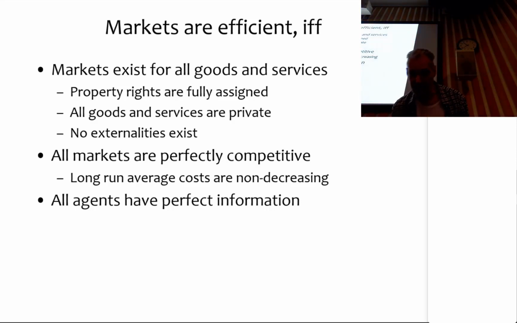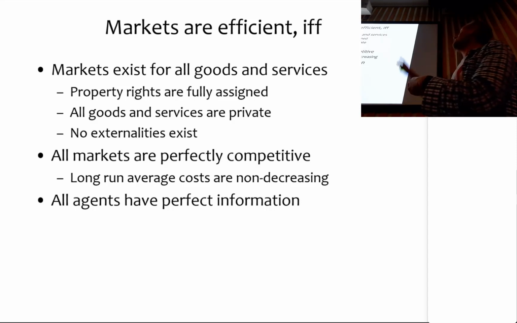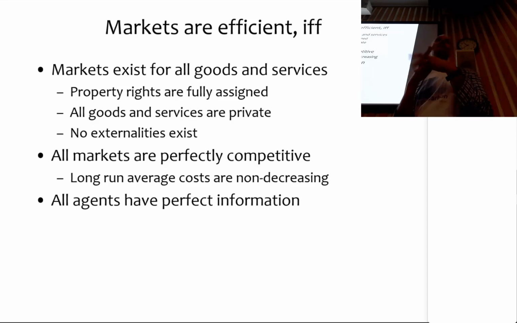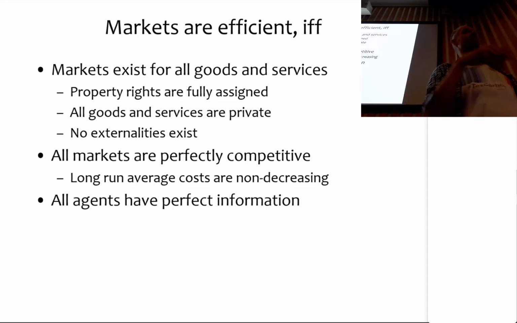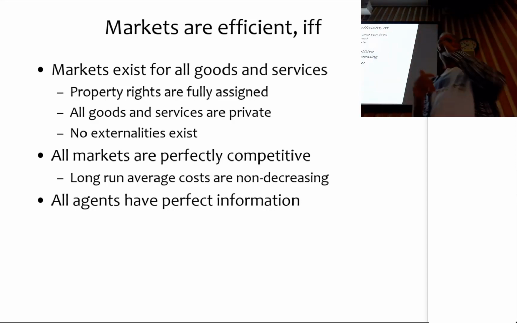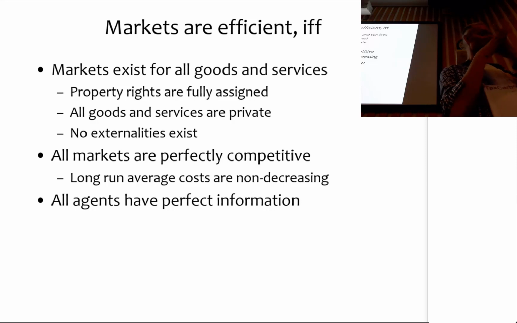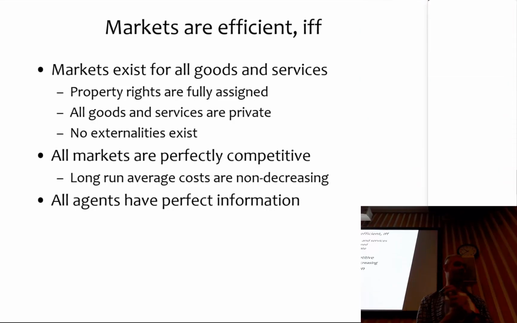Essentially, what we have very quickly established is that markets are efficient if and only if, and if you meet a lazy mathematician who is too lazy to write if and only if, they write iff, with two F's. So that is what this means. Markets are efficient if and only if there's markets for everything that we care about, for all goods and services.